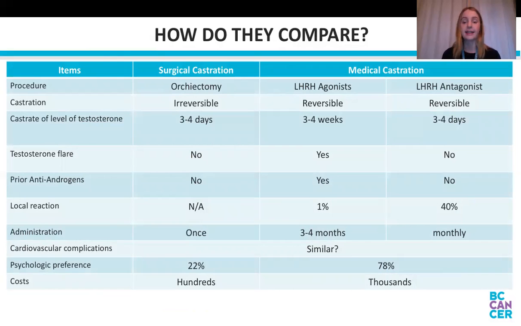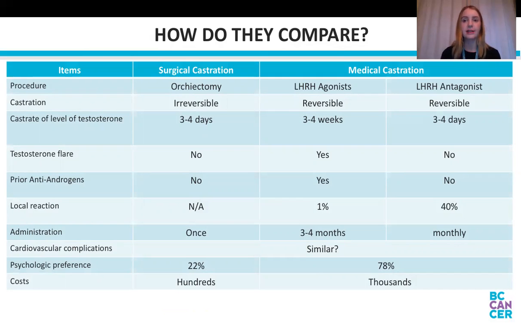And there is that testosterone flare with the agonist, as there's that initial surge of testosterone before the brain is overstimulated. Now, your doctor will likely prescribe an anti-androgen to stop the body from using all that extra testosterone in the beginning.